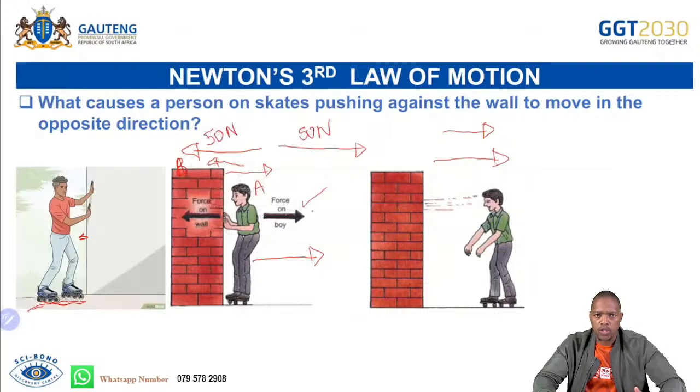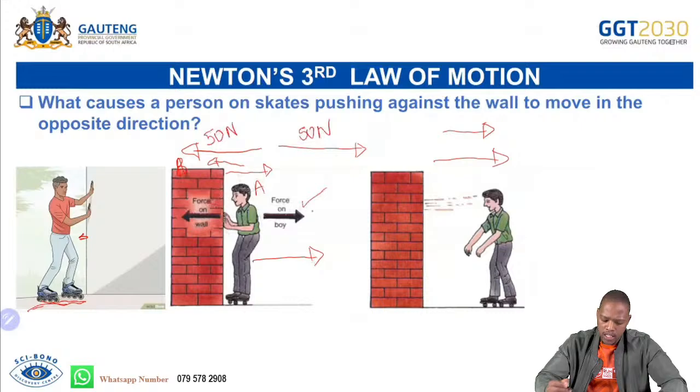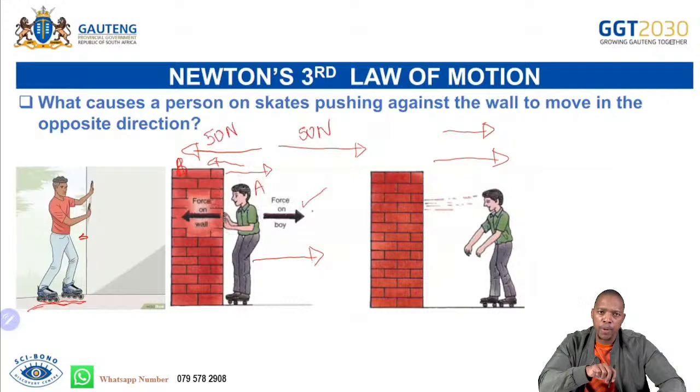That's all Newton tells us. And this happens all the time. It doesn't matter the sizes of the objects and which objects we are talking about. As long as we have two objects and one object exerts a force on the other, the expectation is that the force that is exerted by object A on object B will be the same as the force that is exerted by object B on object A, but they will be in opposite direction.